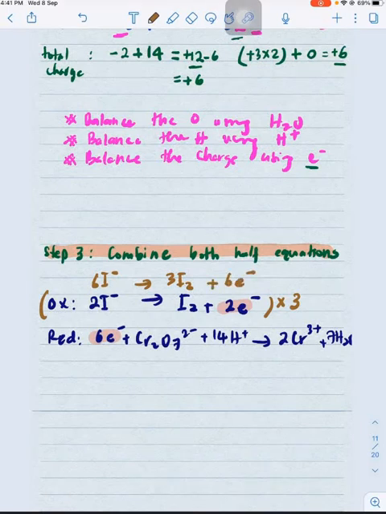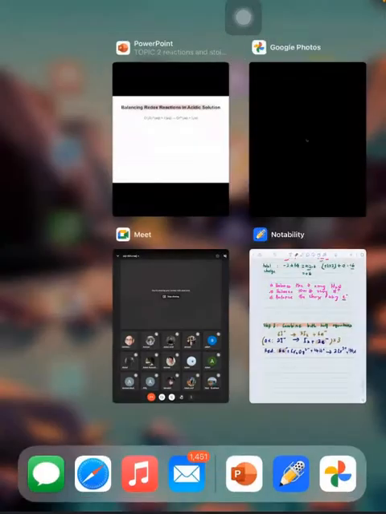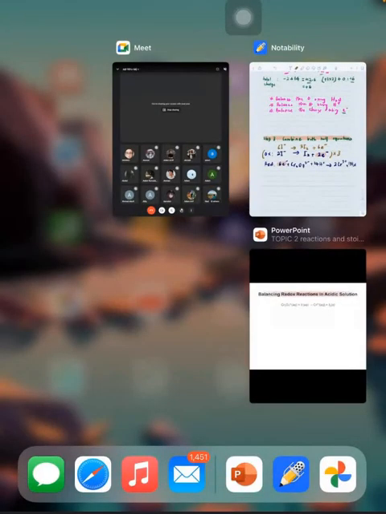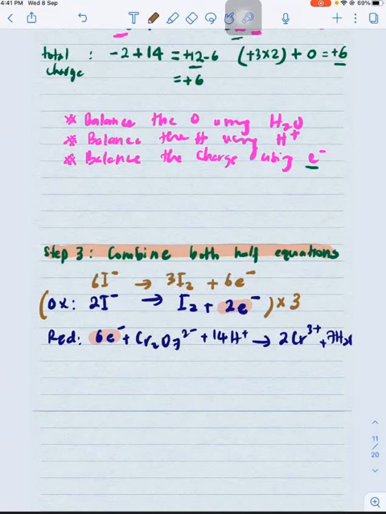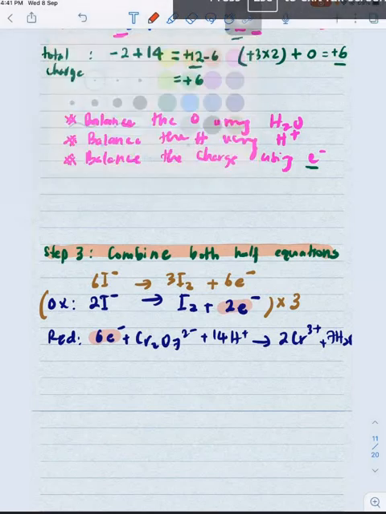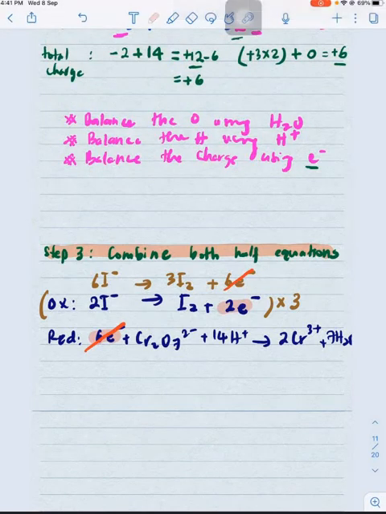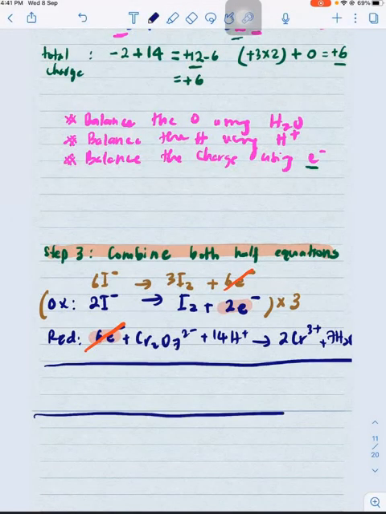So kat sini barulah kita boleh cancel. Sebab apa? 6 electron on the right side, 6 electrons on the left side. So 6 tolak 6, makanya kita boleh cancelkan. Okay. So yang tinggal, the remaining one, adalah our balance equation.